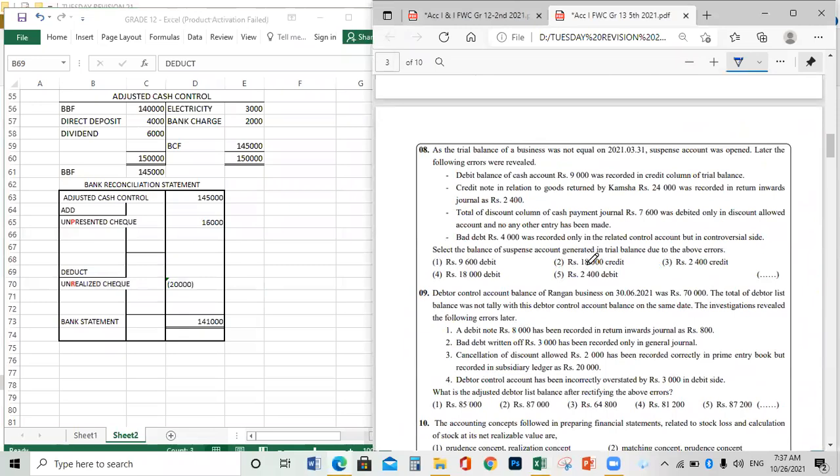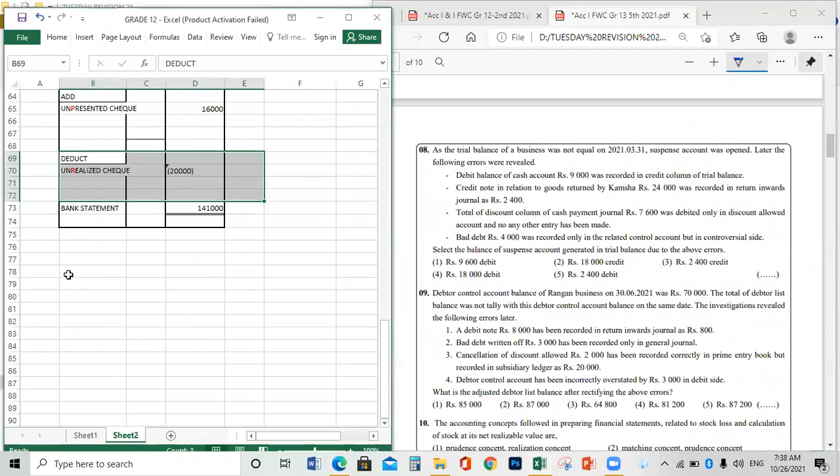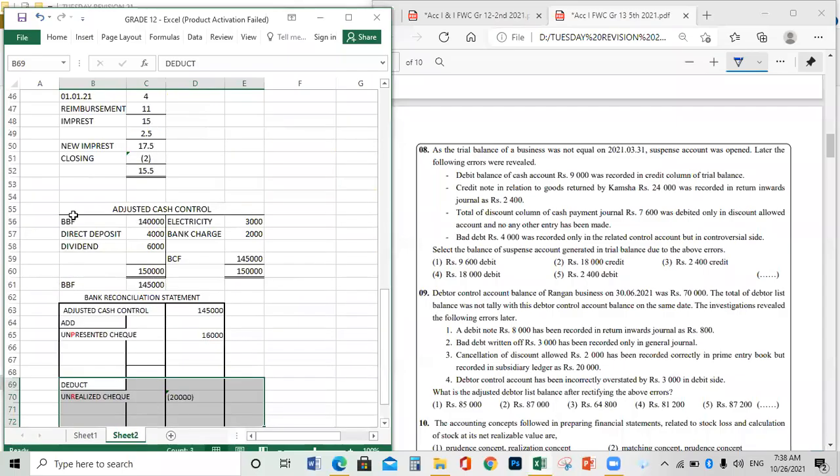They are asking, select the balance of the suspense account generated in the trial balance. So they are asking the opening balance of the suspense account, that is the trial balance value. So what you have to do, guys, you have to correct these errors and then open the suspense account. Okay, first of all, let's open a suspense account.